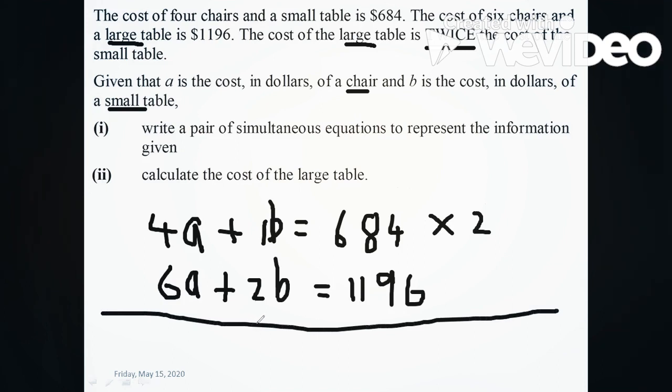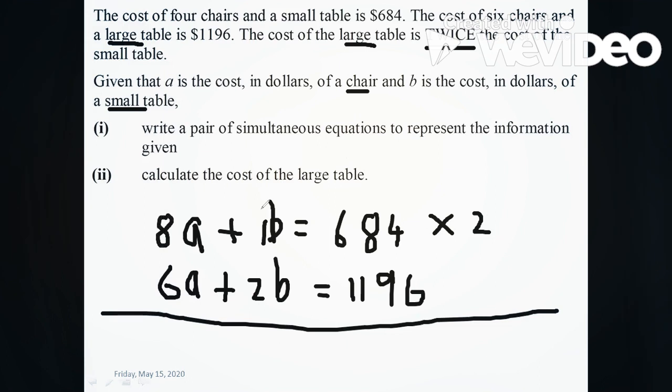So I'm just going to write down what happens when you multiply 2 by 4a. 2 times 4a will give us 8a.